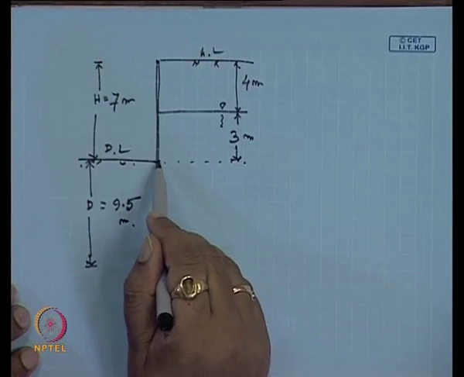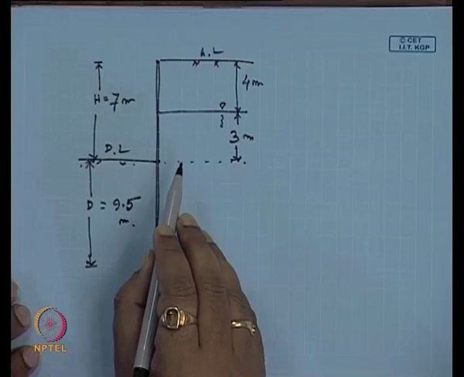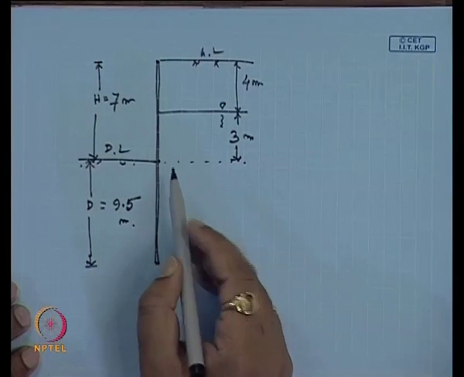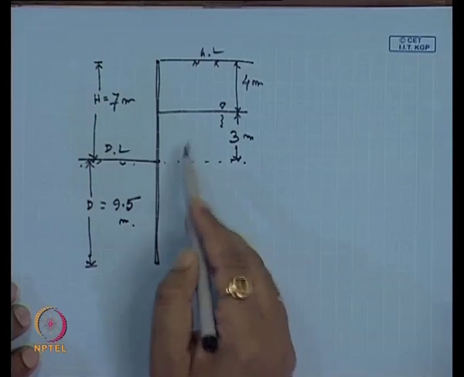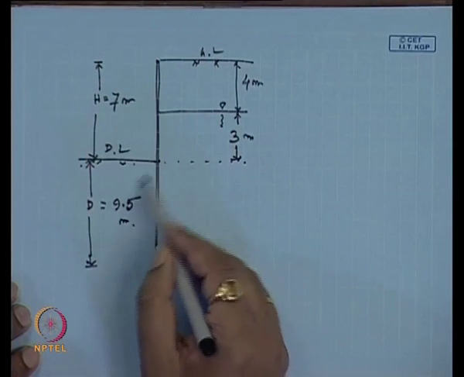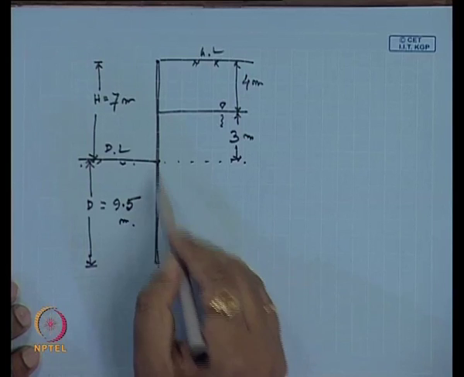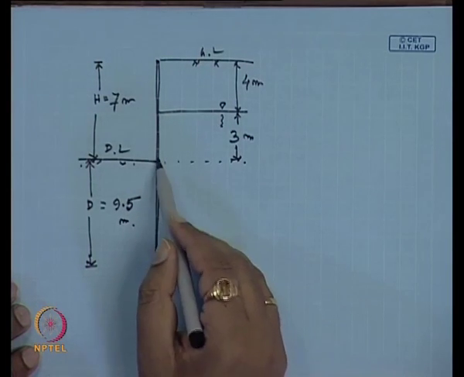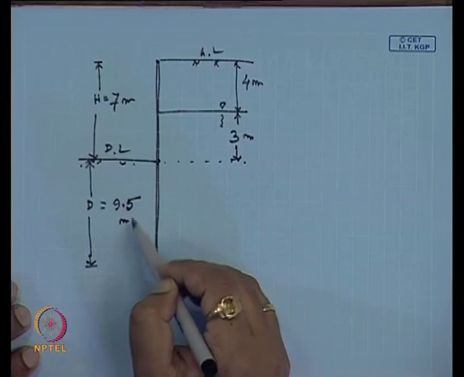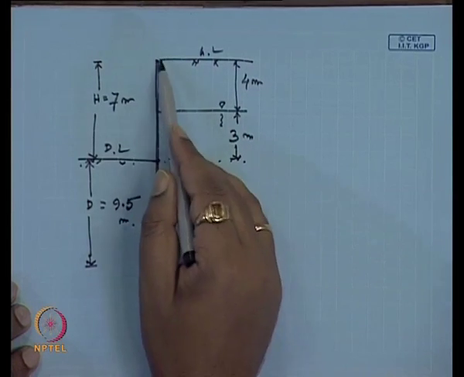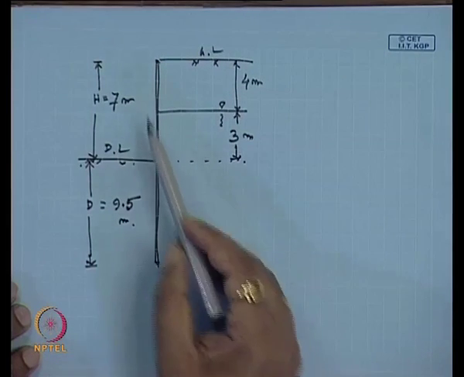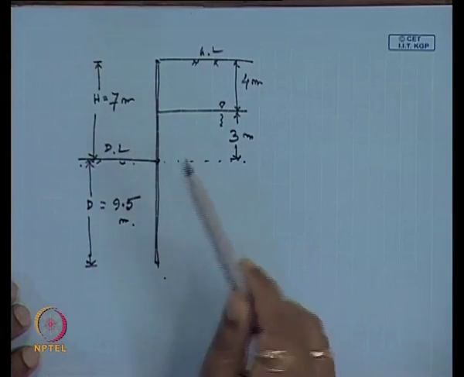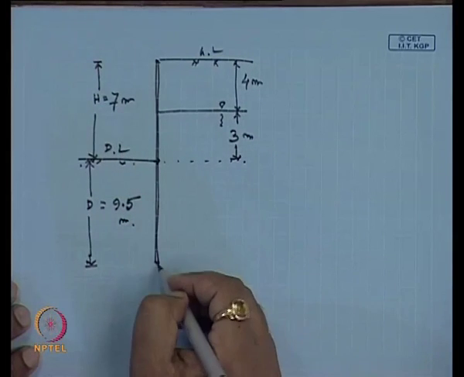So, that is the difference between this sheet pile and the conventional retaining wall, because here most of the resistance the sheet pile is getting is from this depth only. The required depth that we are getting is 9.5 meter, whereas the height of the sheet pile above the dredge level is 7 meter. So, the required depth is much higher than the height of the sheet pile.